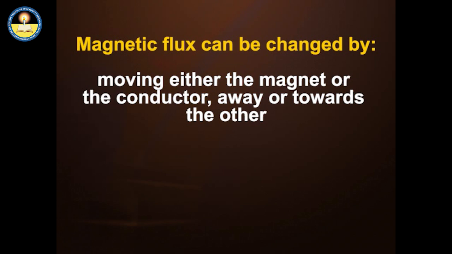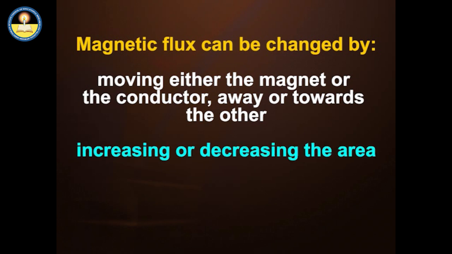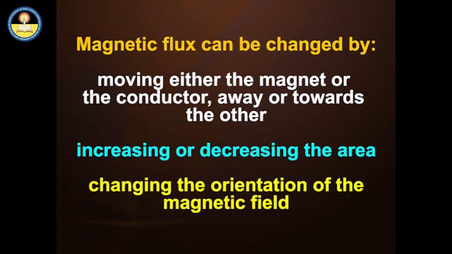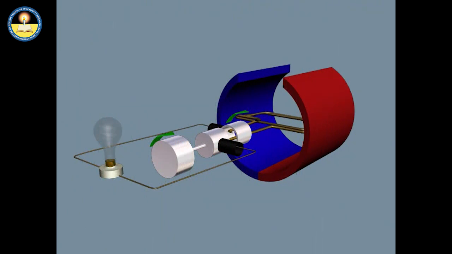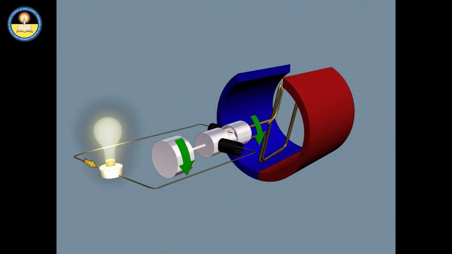It can also be changed by increasing or decreasing the area. Another way to change the magnetic flux is by changing the orientation of the magnetic field. This is generally done by rotating the conducting wire along an axis that is perpendicular to the field.